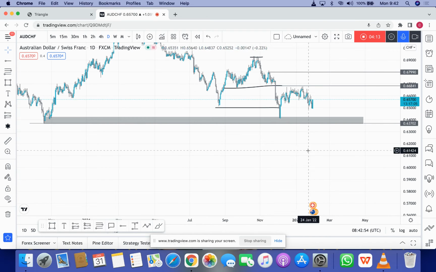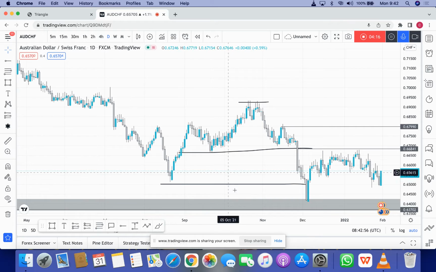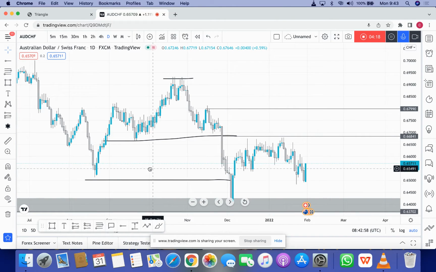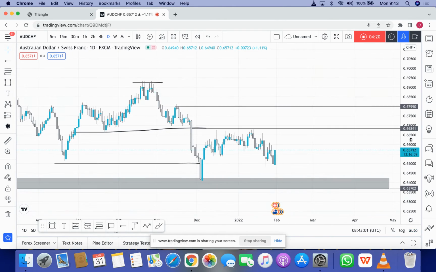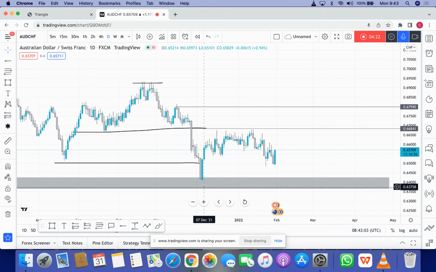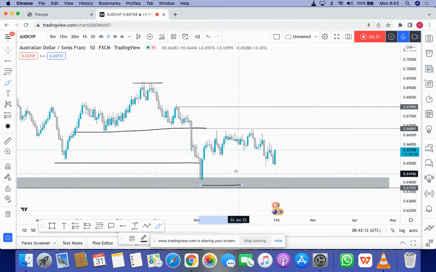And our trading range, I'm going to make this right now. Our trading range will be from this region to this region, using the brush tool. That would be our trading range.